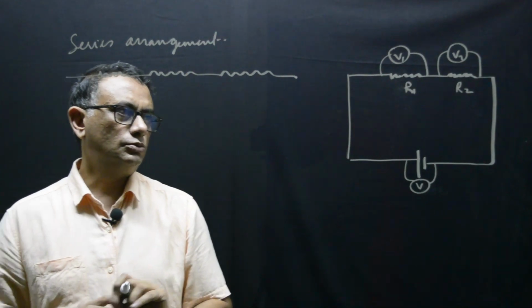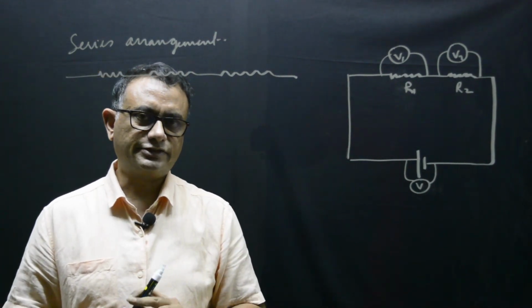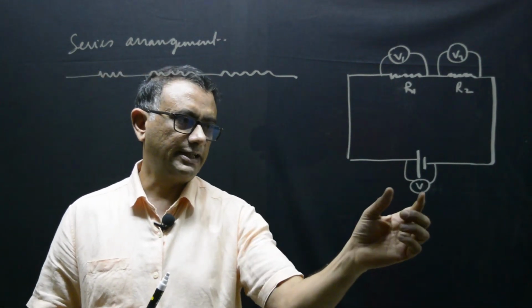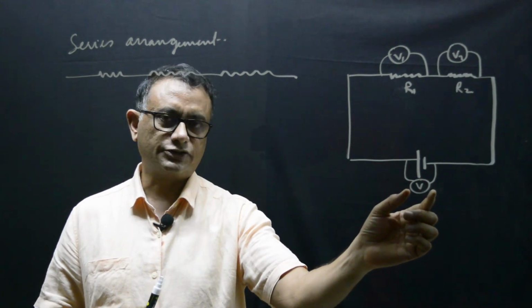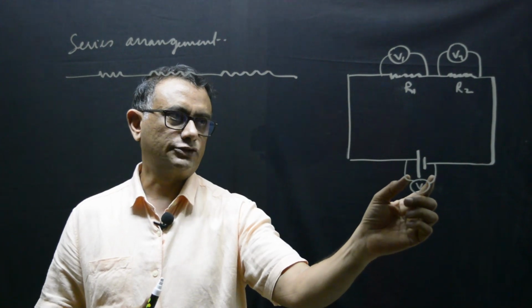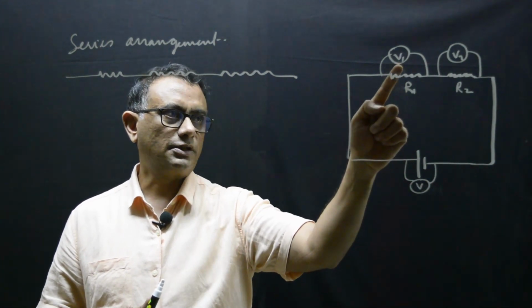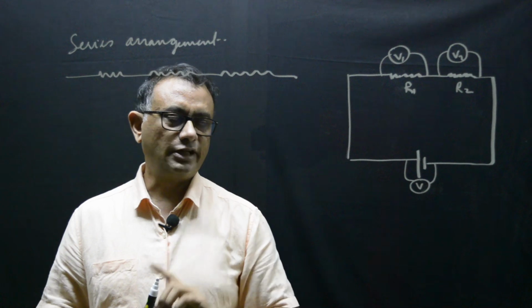We would like to use the concept that we have studied in the last class, where we said that whatever be the potential difference across the battery, across the source, that gets dropped across the resistances which are available in the circuit.